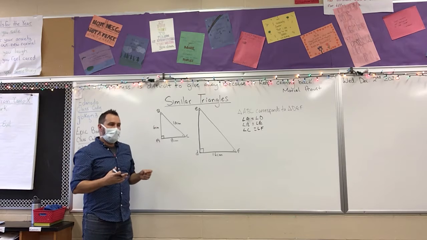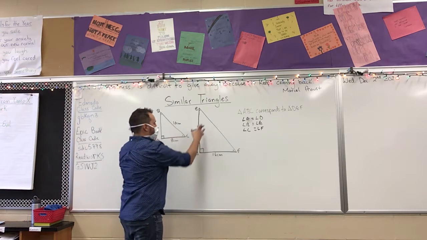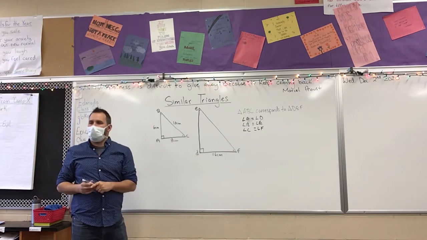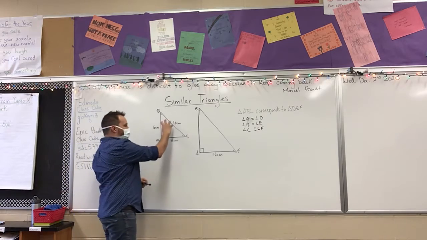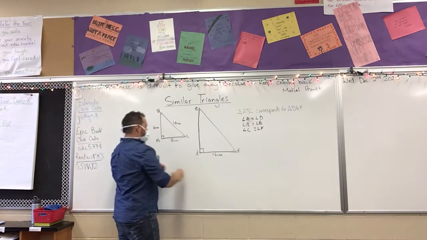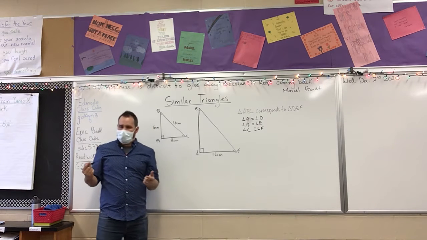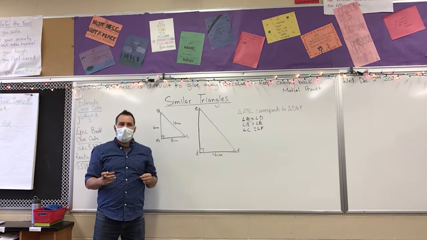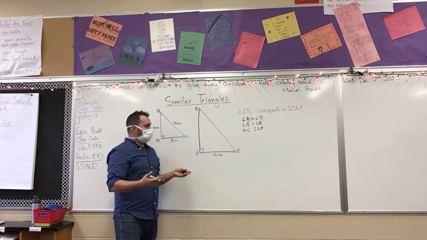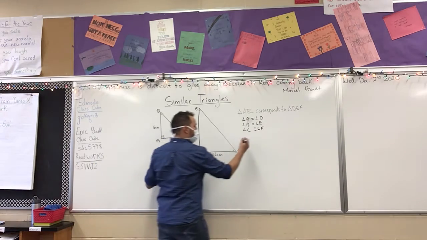We know that. But when we look at the sides, we can see that the sides are different in length. We have a smaller triangle and a bigger triangle, right? But when we're trying to say that they're corresponding or that they're similar, we end up writing it like this.